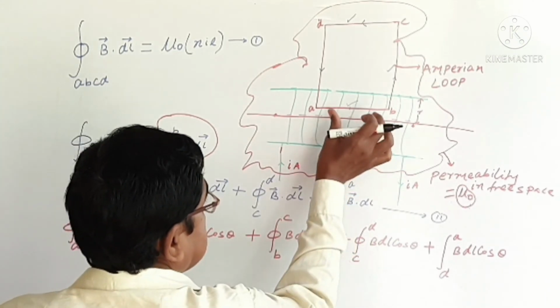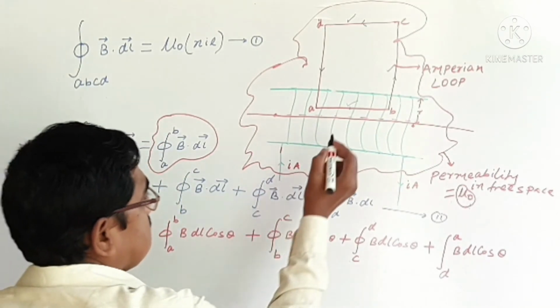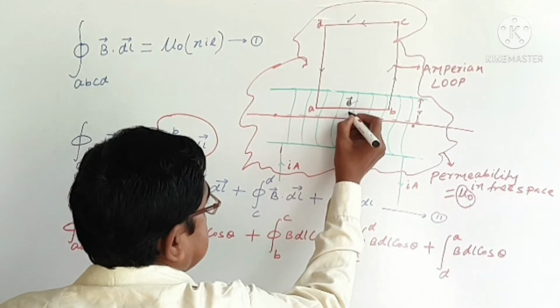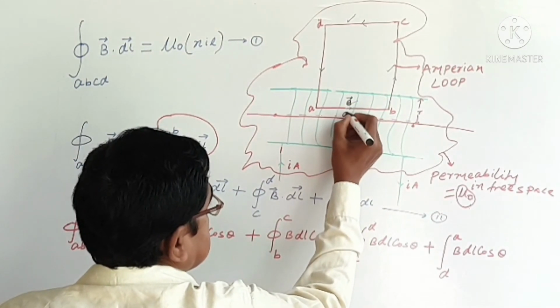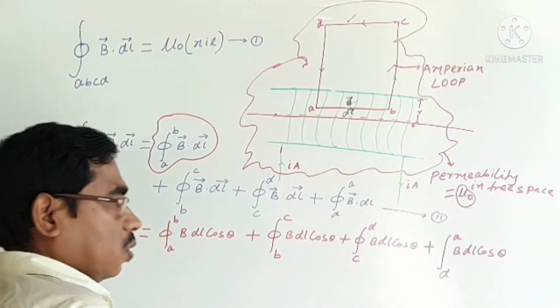For this path AB, what do we see here? The direction of B and the direction of dl are parallel and along each other.